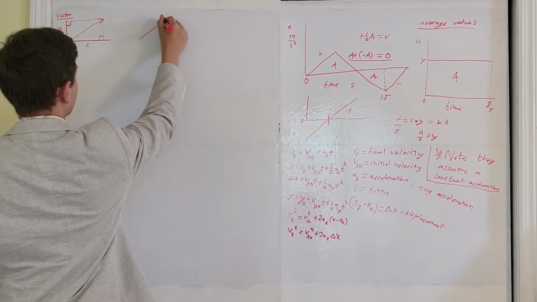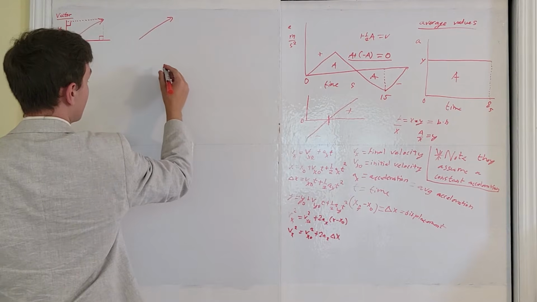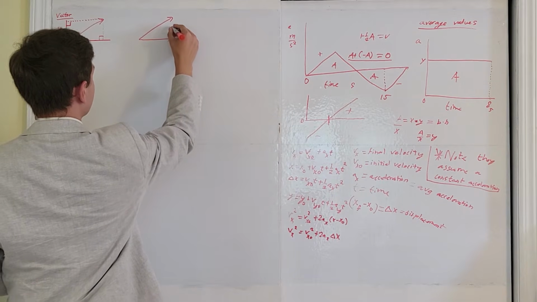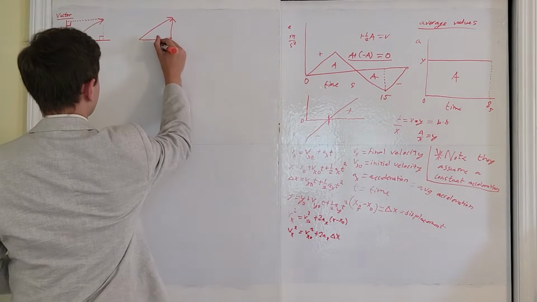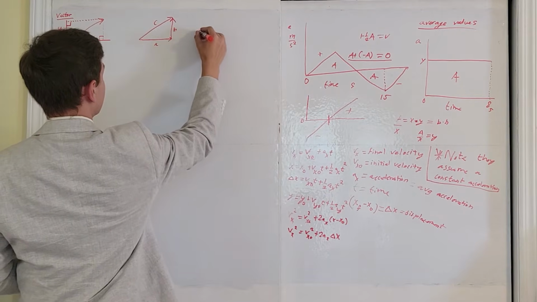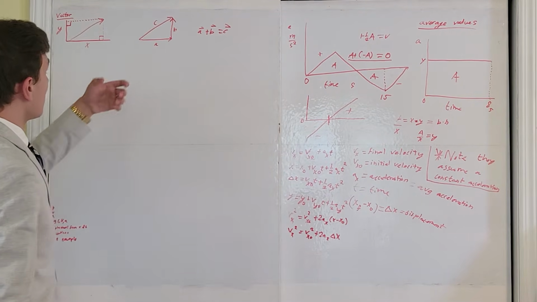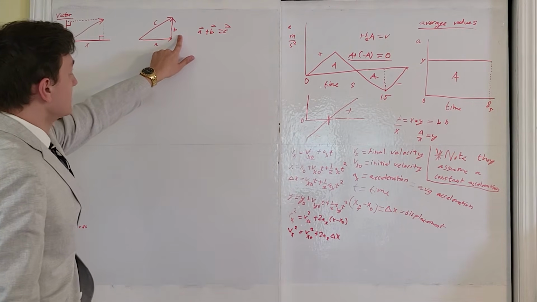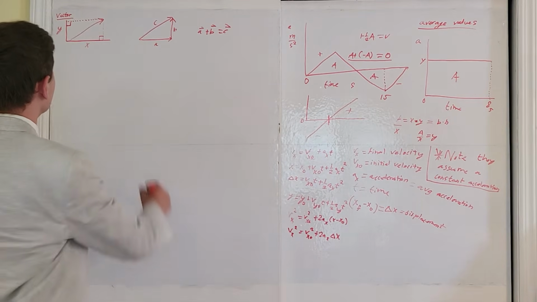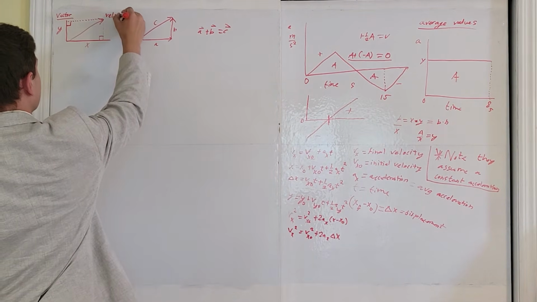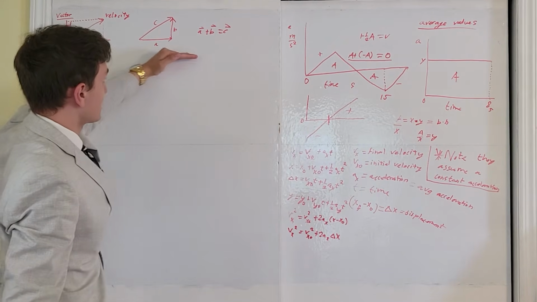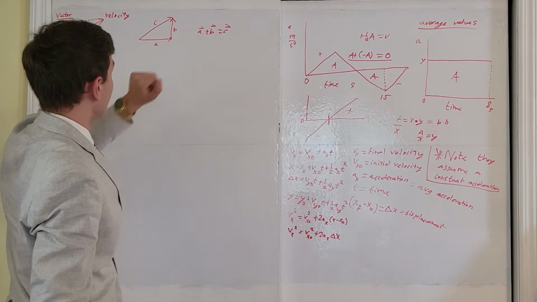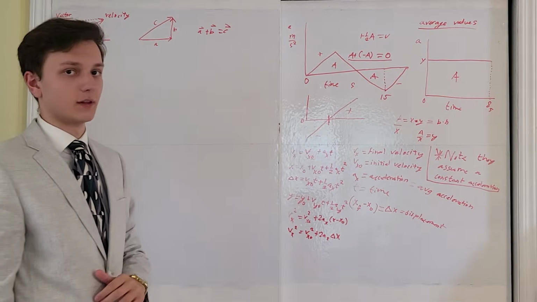Which means a vector that looks like this is the sum of a vector along the x direction and a vector in the y direction, such that if this is vector A and this is vector B, this is vector C. So the purpose of resolving a vector into components is to find A and B given C. If, let's say, I'm given that this arrow represents velocity, A will represent my velocity in the x direction, and B will represent my velocity in the y direction, such that if I add the two vectors, I get my original given velocity vector.